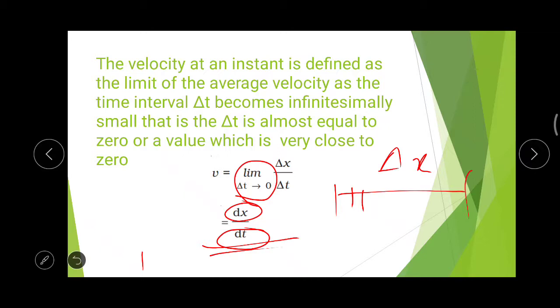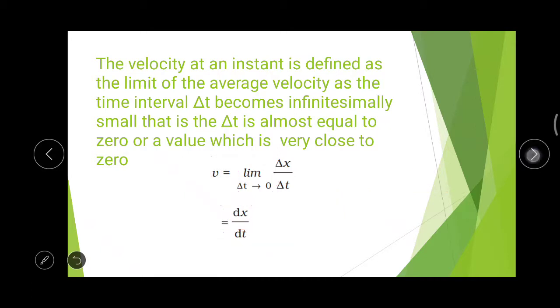So instantaneous velocity is the velocity for an instant of time, for a fraction of time, or we can say the velocity at a particular point or particular time. I think this much is clear for you.